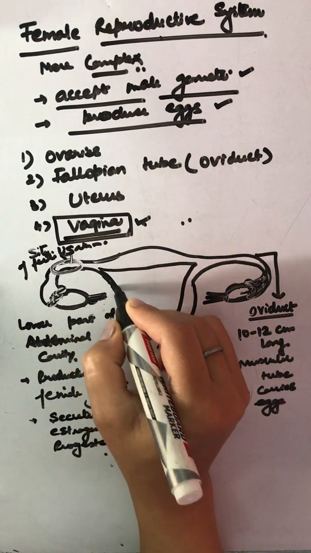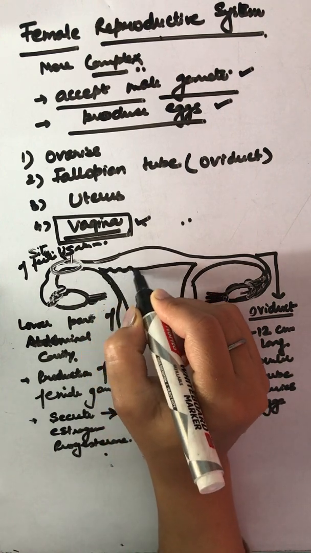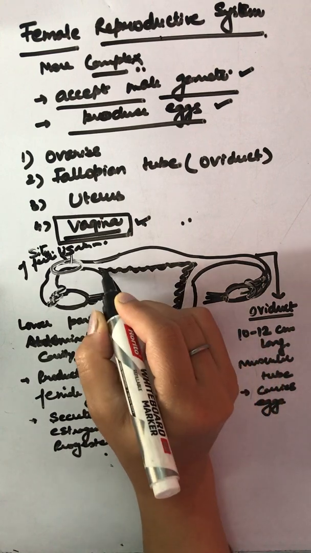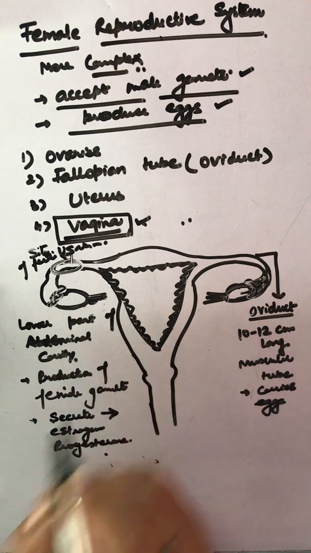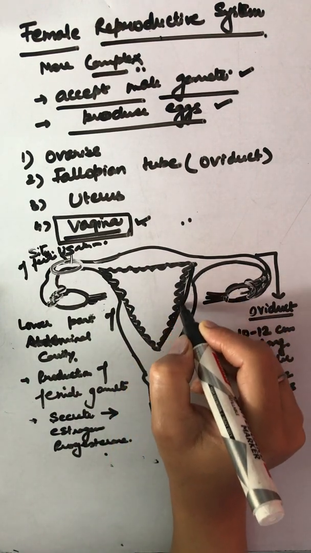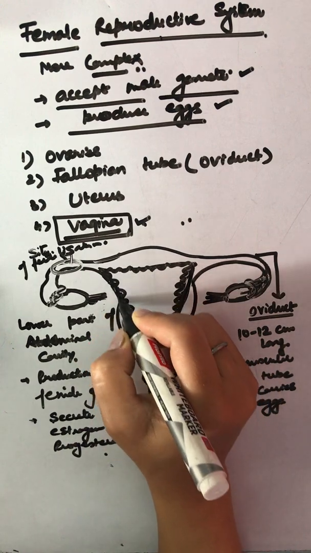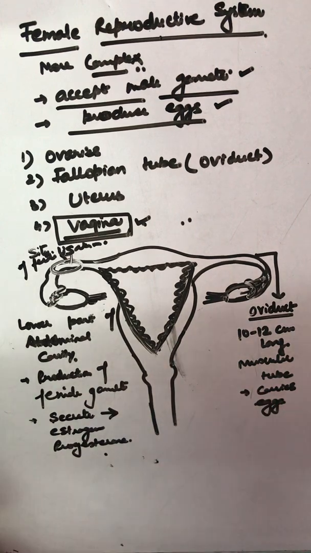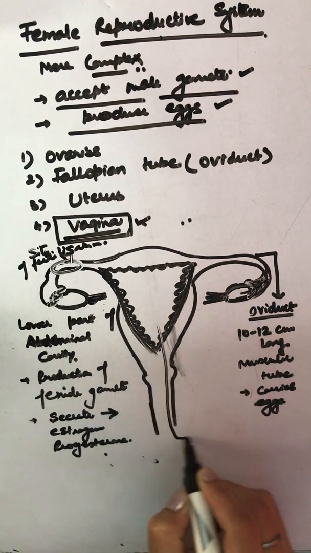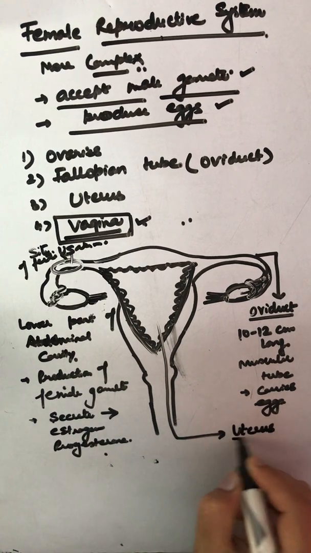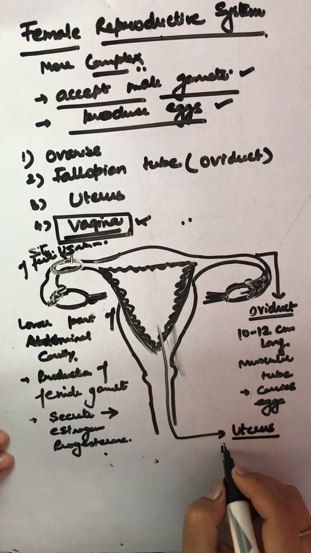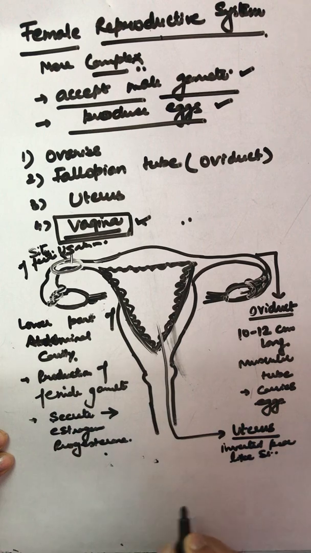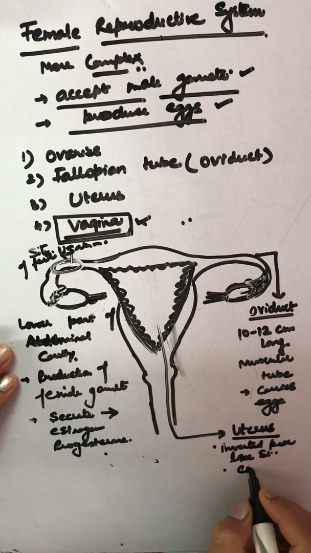This uterine wall becomes thick and spongy so that it can receive the fertilized egg. So this is the wall of the uterus. Let's mark it here. Uterus: a large inverted pear-like structure, and the embryo gets attached here.